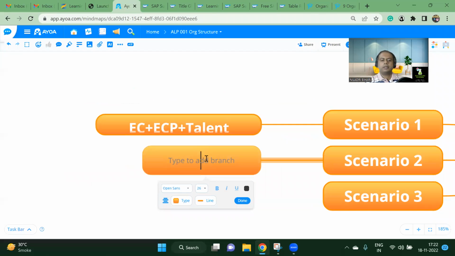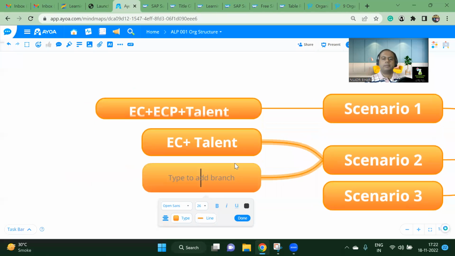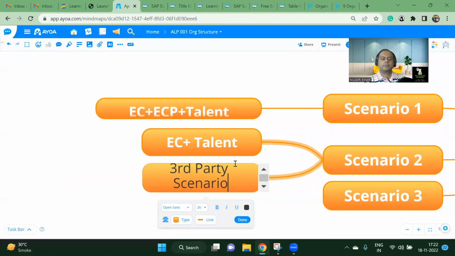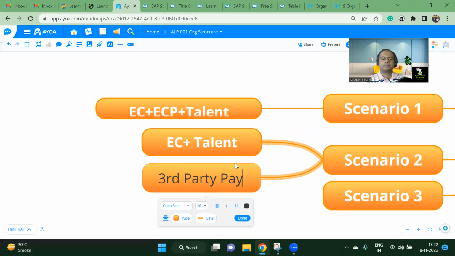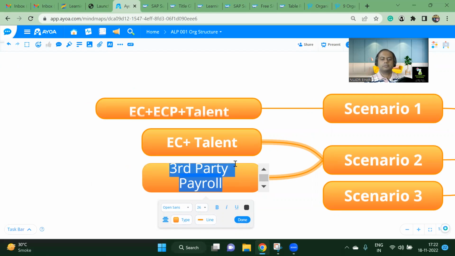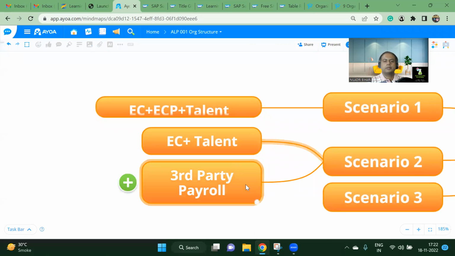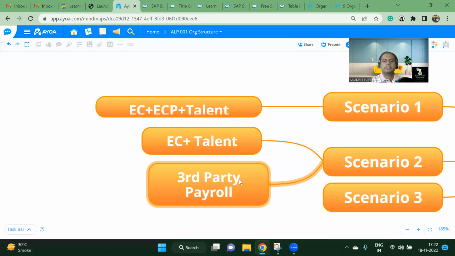Here we have EC plus talent, but payroll is from a third party. Many cases you can find in this kind of scenario as well. Third-party payroll, this is a possibility.